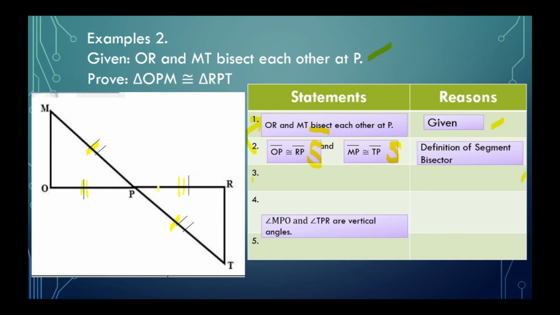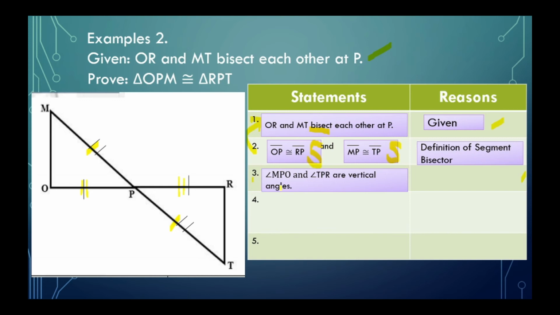Very good. We have angle MPO, this is MPO, and TPR, ito naman si TPR, are vertical angles. So, from intersecting segments, we form vertical angles. No, nag-intersect kasi yung dalawa.